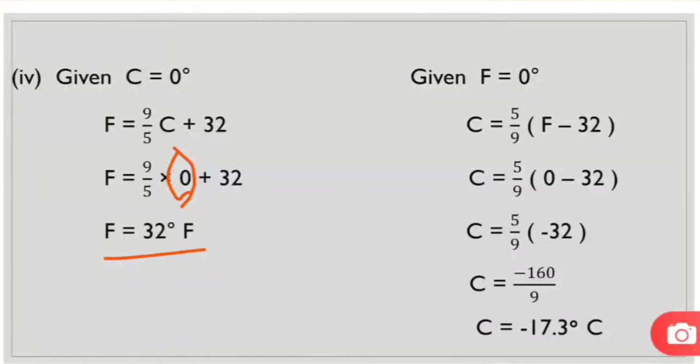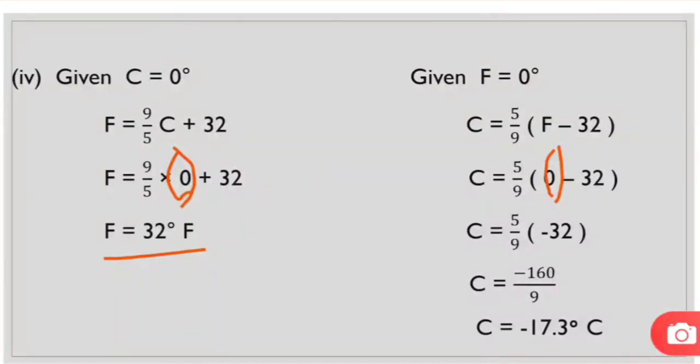Now in converse of it, here F is given as 0 degree and we have to find the temperature in Celsius. So we put the value of Fahrenheit in the Celsius equation, that is C equal to 5 upon 9 into F minus 32. Putting the value of F as 0 degree, we will get C equal to 5 upon 9 into 0 degree minus 32. That is C equal to 5 upon 9 into minus 32.